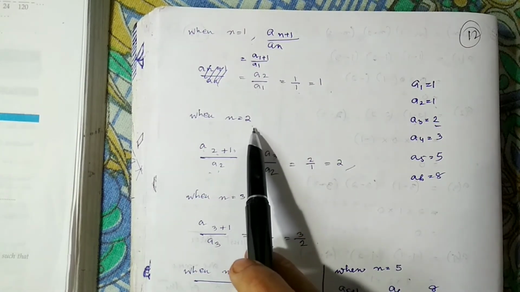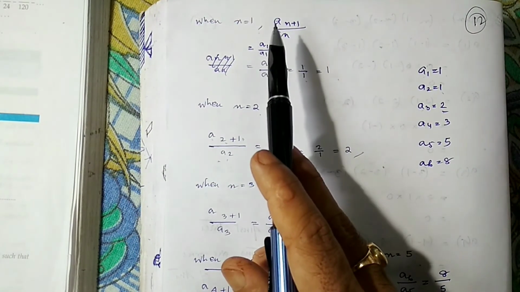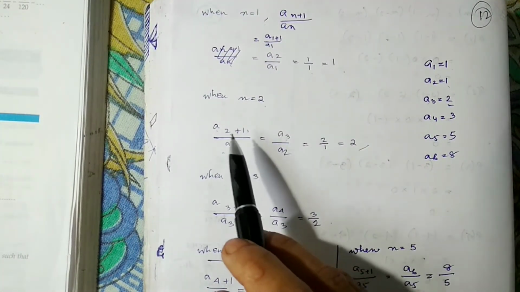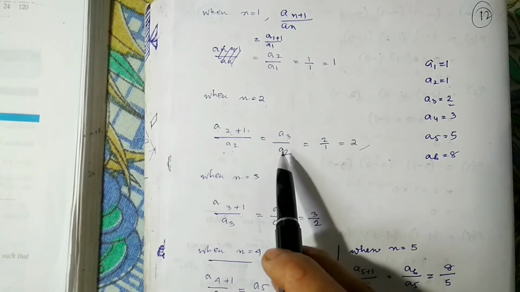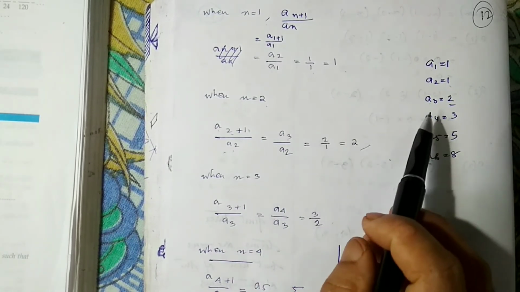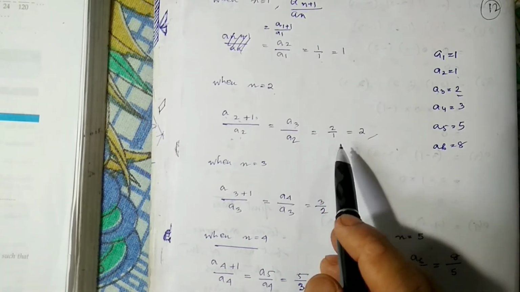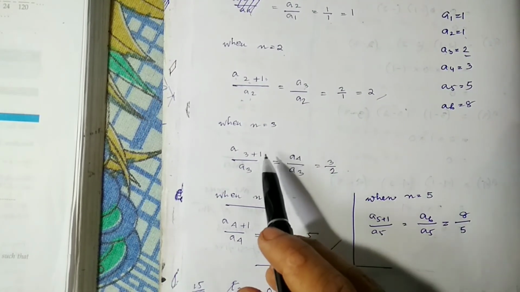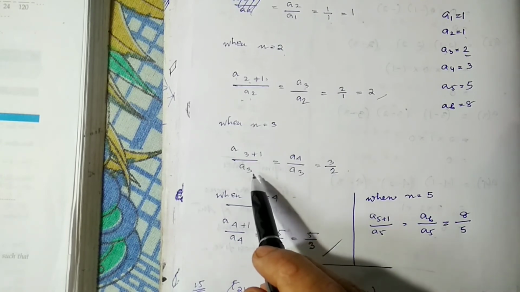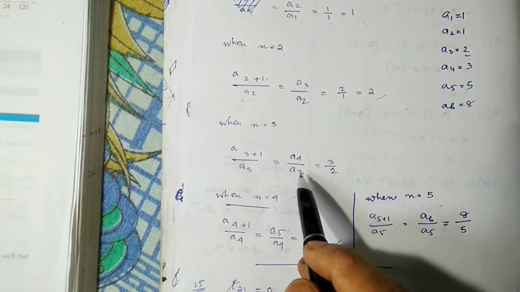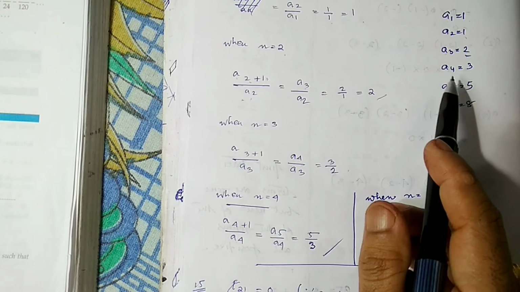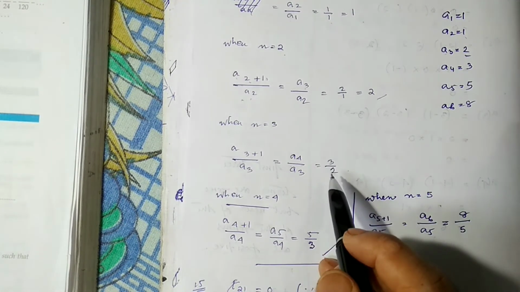If n equals 2, then the formula will be a2 plus 1 by a2. a2 plus 1 is a3 by a2. What is a3? a3 is 2 divided by 1. 2 divided by 1 is 2. If n is 3, it will be a3 plus 1 by a3, a4 by a3. What is a4? a4 is 3 and a3 is 2. So it will be 3 by 2.